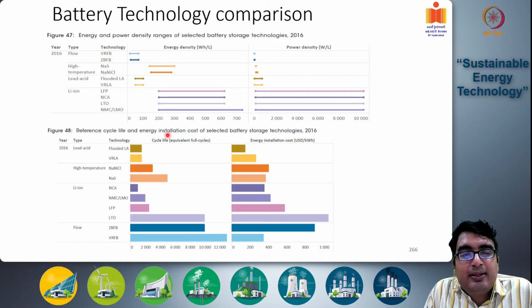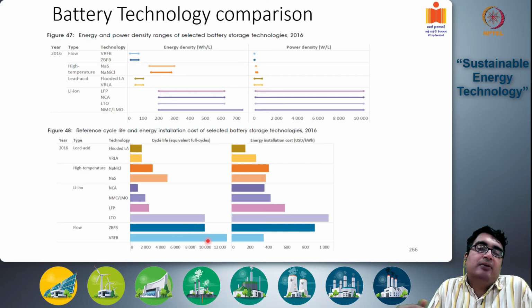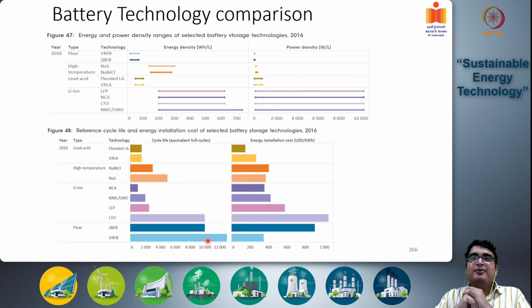Now when you look at cycle life, the flow batteries have the highest cycle life. So that is the advantage of flow batteries. The number of cycles till the battery can work is significantly higher. This is vanadium redox flow batteries, this is ZV flow batteries. Then in terms of cycle life, lithium titanium oxide has very good cycle life, the others not so much.